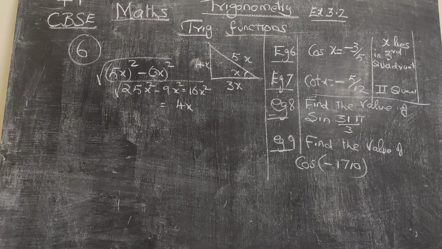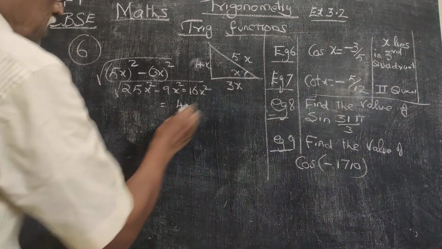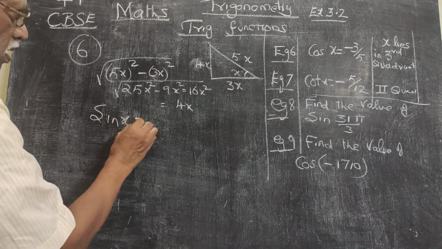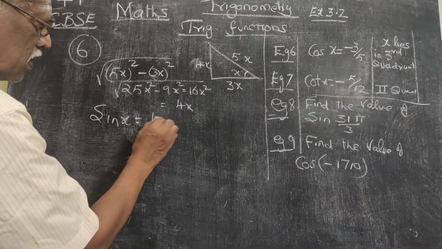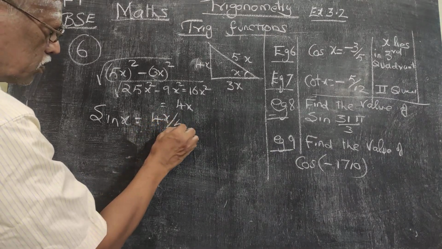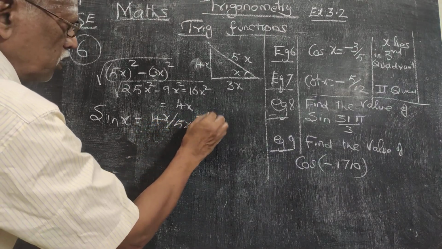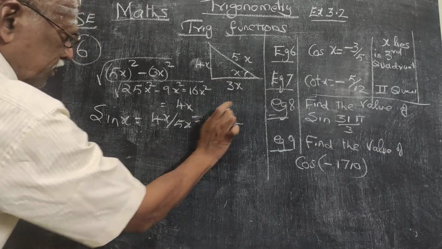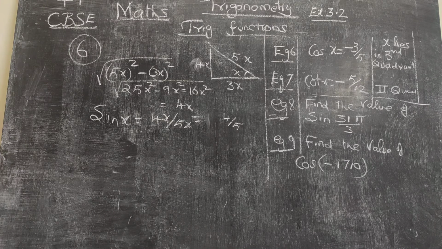Now I can go for sin x. What is sin theta? Sin theta is equal to opposite by hypotenuse, so it becomes 4 by 5. Where does x lie? x lies in the third quadrant. Which is positive?